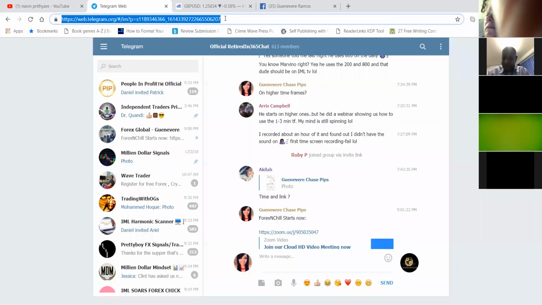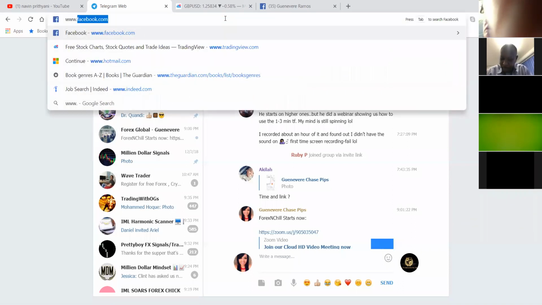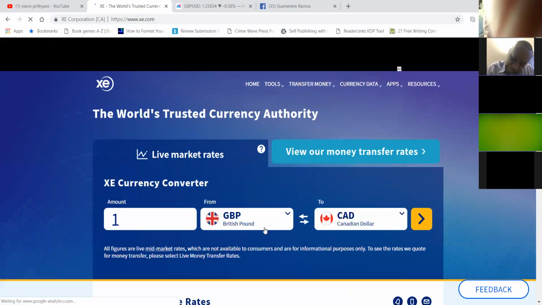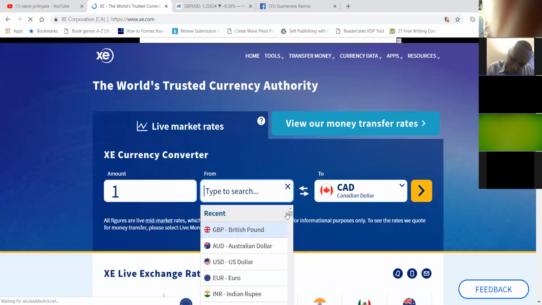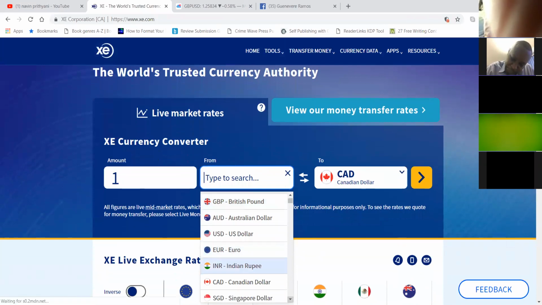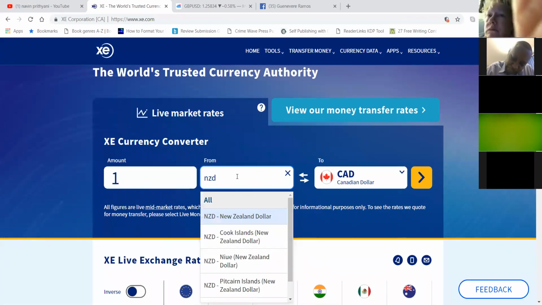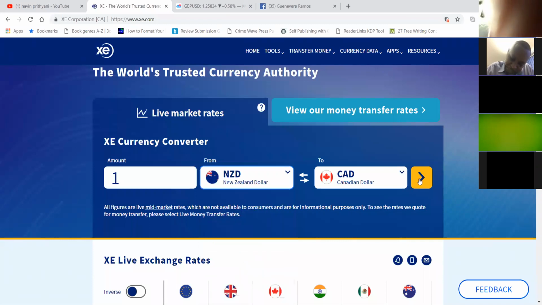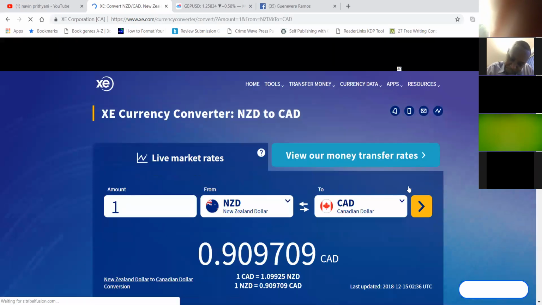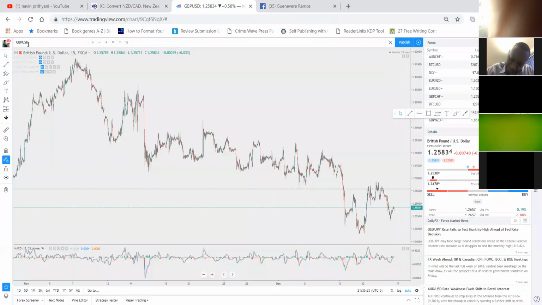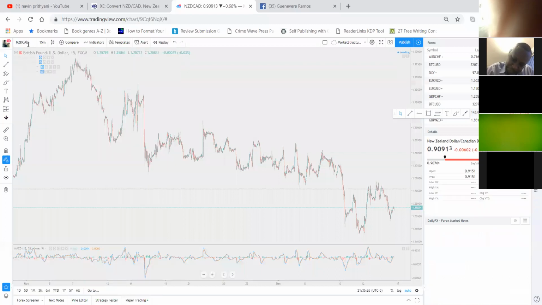One thing you can do on Sunday, you can go to www.xe.com and see what the exchange rate is for NZD to CAD. The current exchange rate is 0.9097, which it'll change a lot before Sunday because the market just closed.